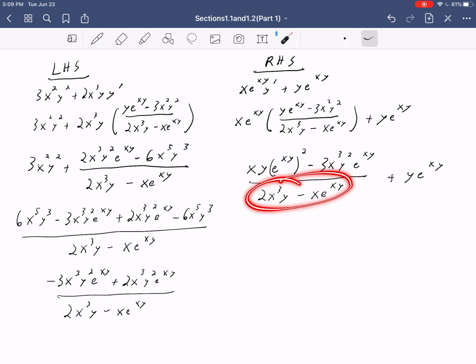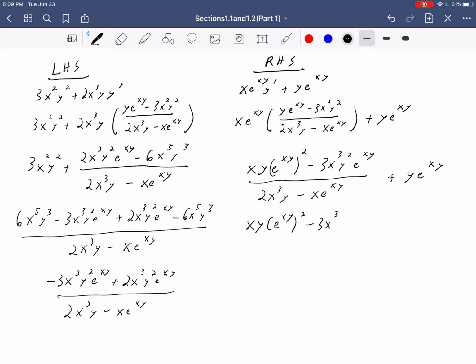Then we'll multiply this onto here so that we can make that common denominator and combine. So we get xy e to the xy squared minus 3x cubed y squared e to the xy plus 2x cubed y squared e to the xy minus xy e to the xy squared over 2x cubed y minus x e to the xy.